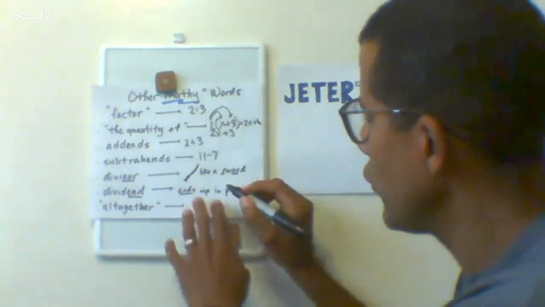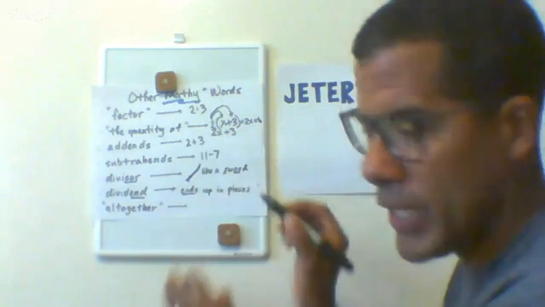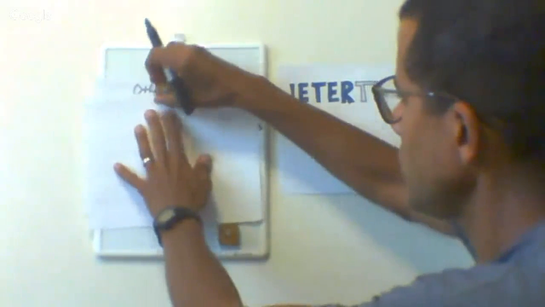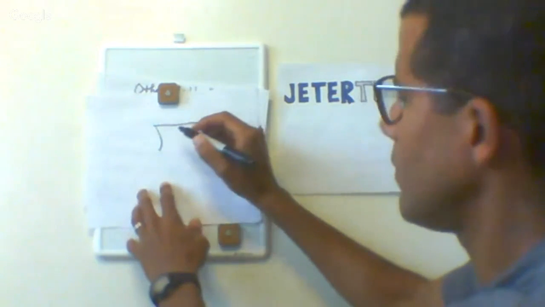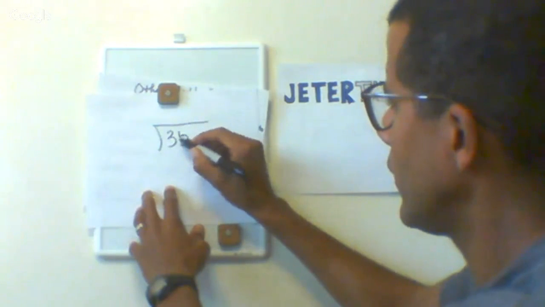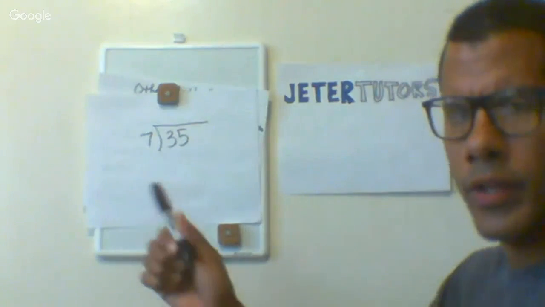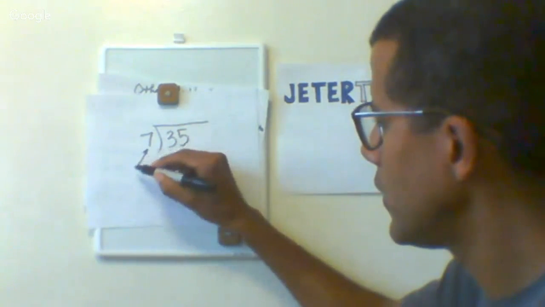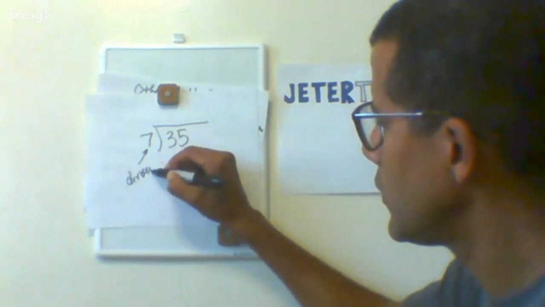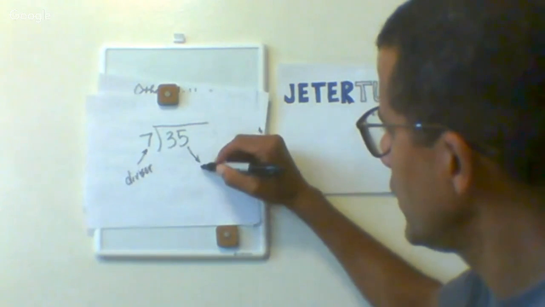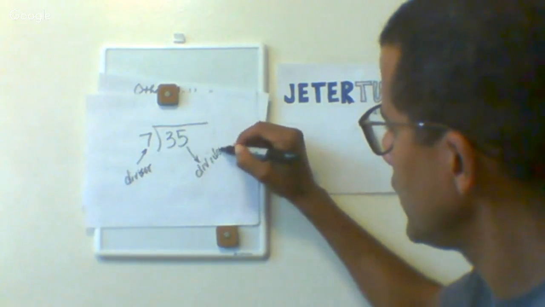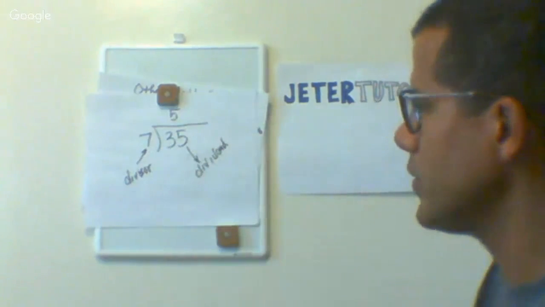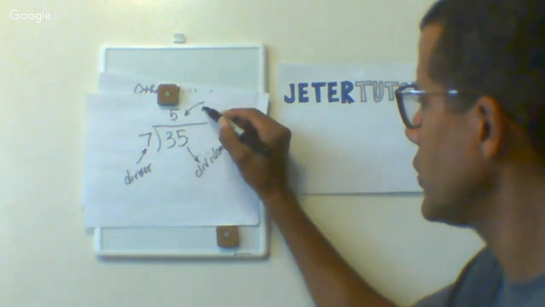If you're looking at a long division problem, I might need another piece of paper for this, just to show you guys. 7 is the divisor and 35 is the dividend. Now the answer is the quotient. 35 divided by 7 is the quotient.